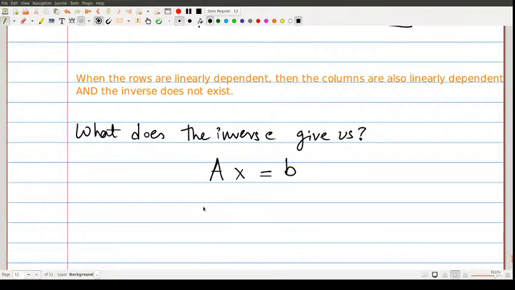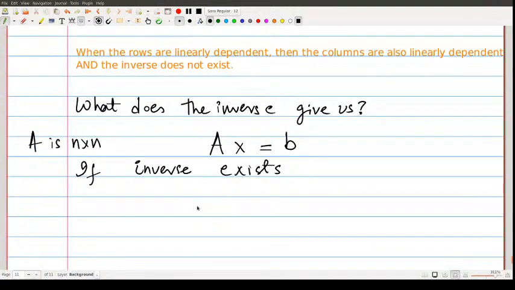If the inverse of this matrix existed, let's say this is a square matrix, I'm assuming that A is n by n. If the inverse exists, then what do we get? I can multiply A inverse on both sides.